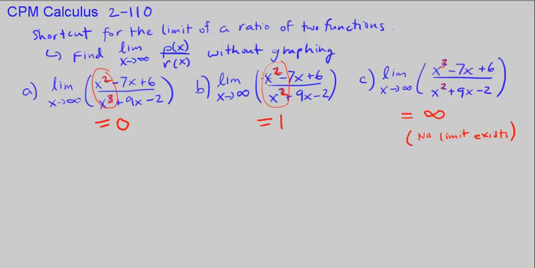And likewise, as x approaches infinity here, these cancel each other out, right? And it becomes 1. Here, the power in the numerator is bigger, and this one's smaller. So as x approaches infinity, the numerator gets bigger faster, and so that's going to approach infinity.